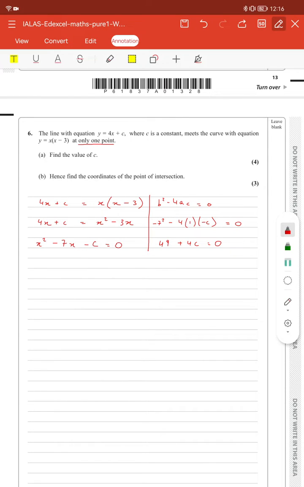And that means 4c is equal to minus 49. So c is equal to minus 49 over 4.